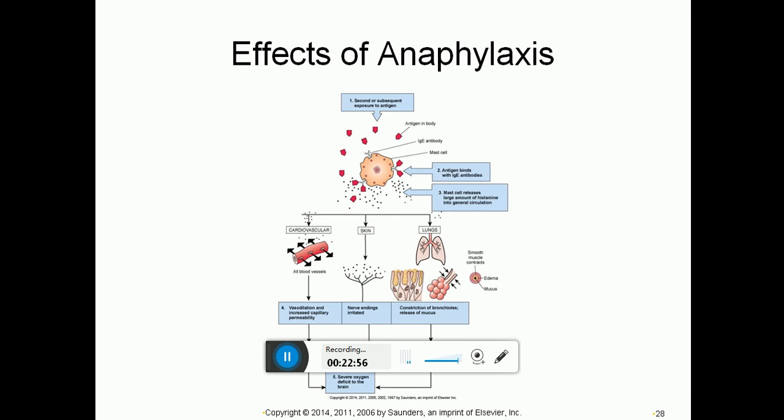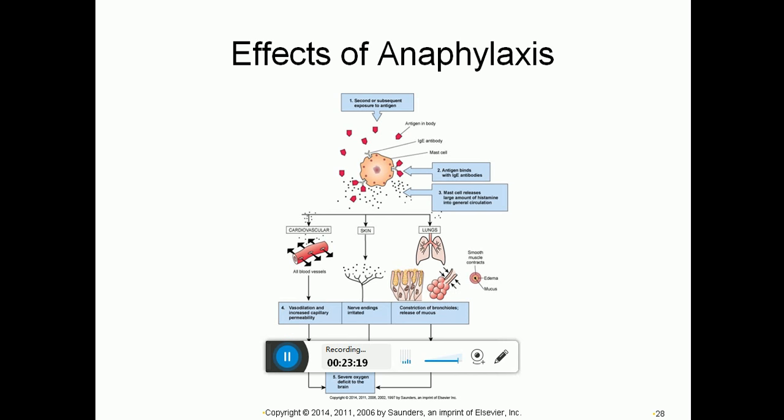You can see here the main causes of anaphylactic shock are the cardiovascular vasodilation and the constriction in the lungs. So what we want to do is give maybe antihistamines. In life-threatening conditions, we have to give them an EpiPen, which is the norepinephrine, in order to reverse these.